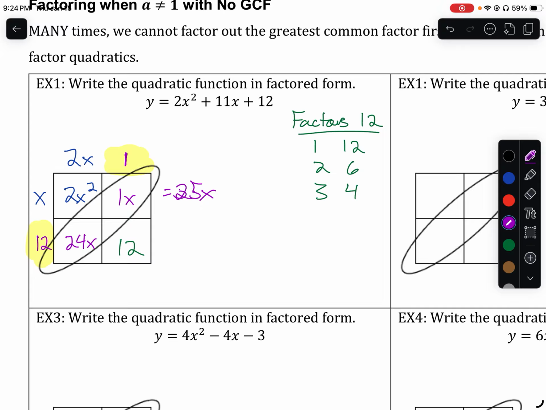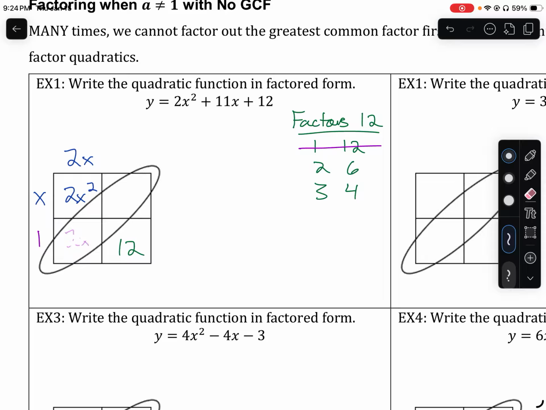So that one doesn't work. Okay, so I know that 1 and 12 in those positions don't work. Does it work if I changed it up and I had instead 12 here and a 1 here? Well, that's 2x. This is 12x. I'm getting closer because that brought me to a 14x, but it's still not the right answer. So 1 and 12, I know, are no good.